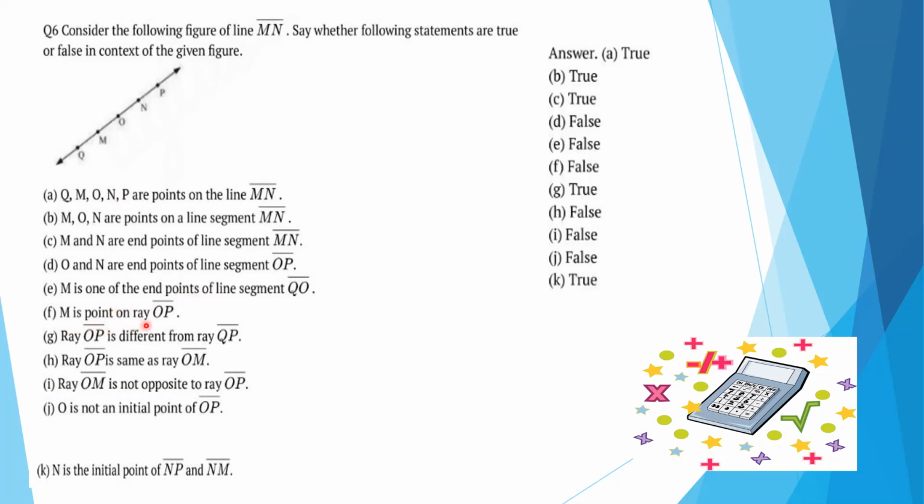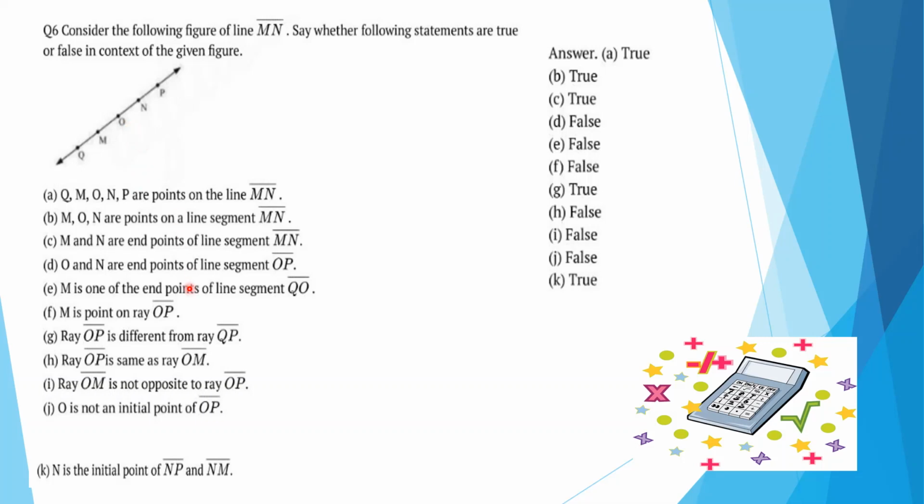M is a point on ray OP. Yes, this is the ray OP. So OP is the ray, which means O is the fixed point and it is moving towards P. M is a point outside of ray OP.